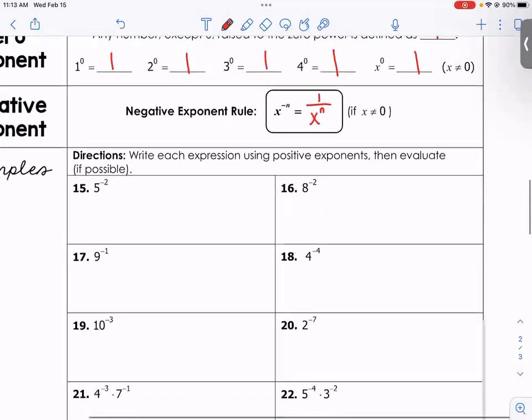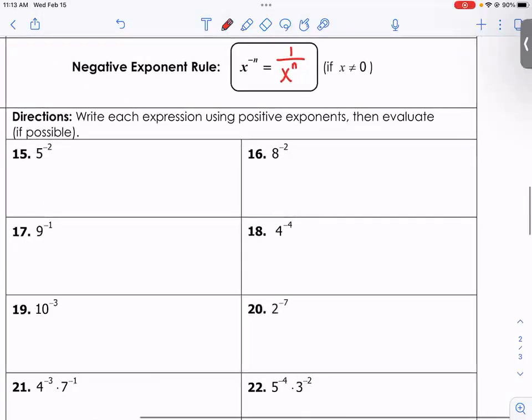It's really cool. So like in number 15, 5 to the negative 2, we would rewrite as 1 over 5 to the 2. Once it moves across that fraction bar, it becomes positive.